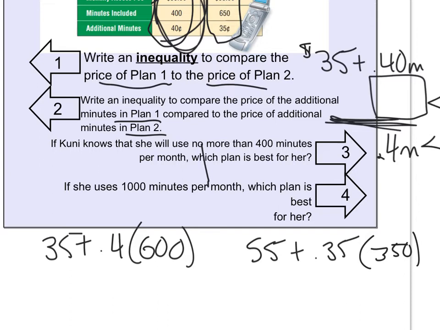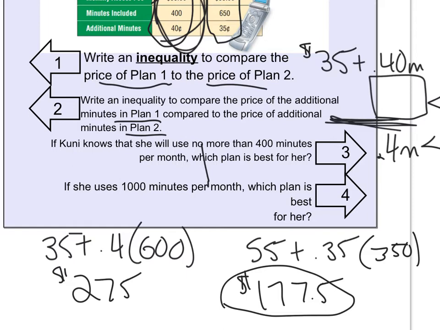So 600 times 0.4, that's going to be 275. So 0.35 times 350 plus 55 is only going to be 177.5. So for 1,000 minutes a month, which is a lot of talking, you're going to be much better off with that second plan than the first plan.